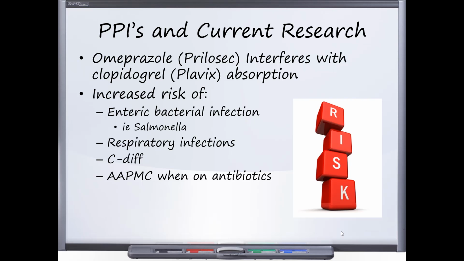The link is so strong, in fact, that there is now a black box warning in place to warn providers and patients of this possibility. There's also strong evidence to suggest a link between the use of proton pump inhibitors and an increased risk of respiratory infections, including pneumonia. So something to think about with your patients that are on these medications.